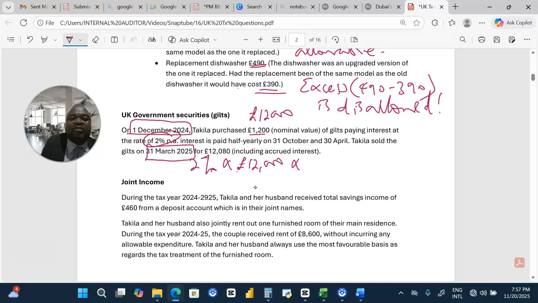So we are talking of how many months? We are talking of 4 months. So we get the amount of interest income to be taxed. We are done. We get our figure there.